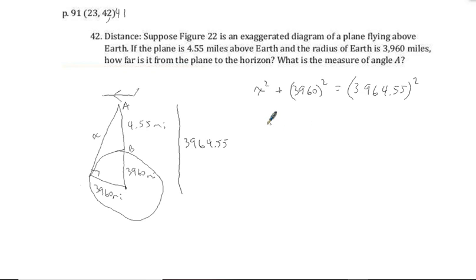These numbers are going to be quite large, but they'll get nice and manageable here shortly. So first, x squared plus 15,681,600 equals 15,717,656.7025.